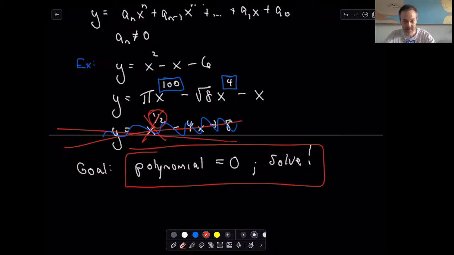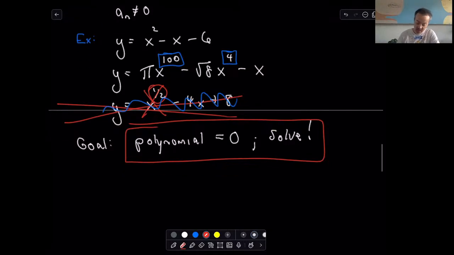There's only 18 people here, and we're talking about one of the most important questions of math. Figuring out how to take a polynomial, set it equal to 0, and solve it has been a difficult question for a long time, and there were a lot of open questions surrounding that. Historically, it's very interesting. But that's the goal. How do we do it?